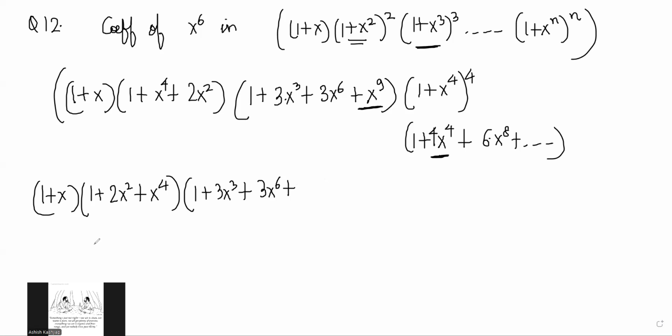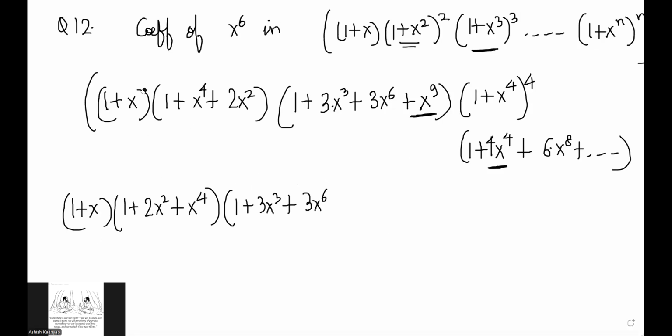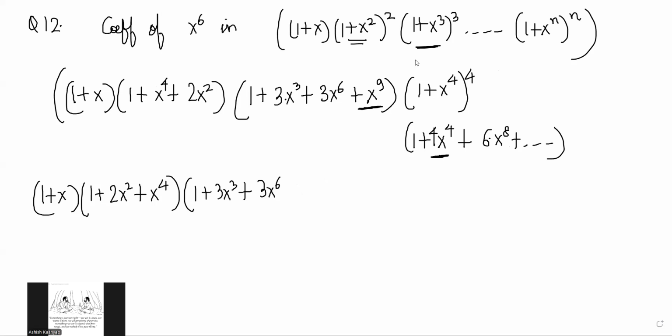We'll ignore this term because we cannot use x power 9 to get a coefficient of x power 6. X power 9 is useless because it has higher power than 6, right? So we'll just write this. Here we will write only the first two terms because other terms can be ignored because they have higher powers.